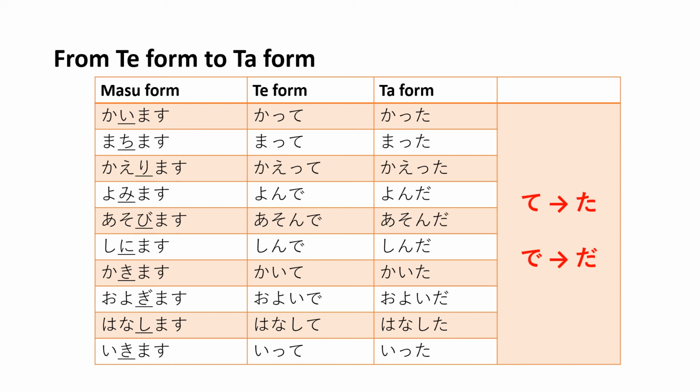And if the te form ends with de, then you replace it with da. So, 買って、買った。待って、待った。帰って、帰った。読んで、読んだ。遊んで、遊んだ。死んで、死んだ。書いて、書いた。泳いで、泳いだ。話して、話した。言って、言った。So it's efficient to memorize te form and ta form at the same time.